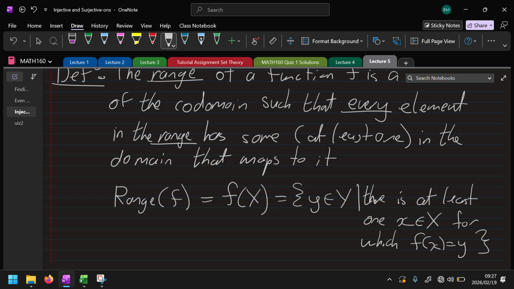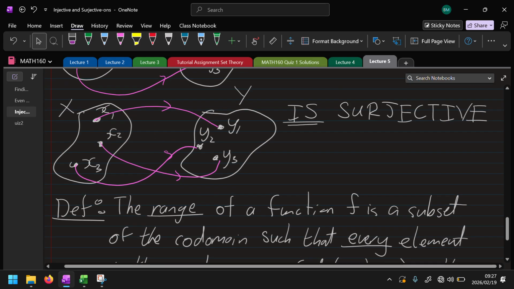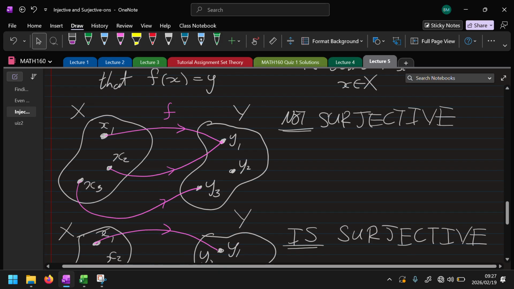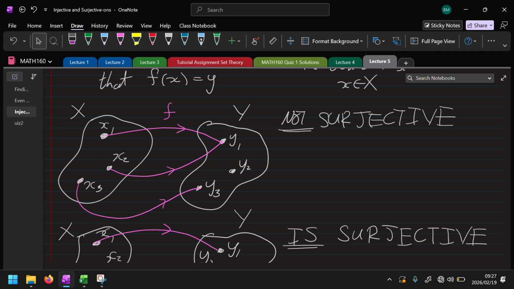So if we go back to our pictures here, we can see when the function will be surjective and when it will be non-surjective. In the first case, we're looking at the range, right? So it's all of the elements y such that there are some elements that map to it. In the first picture, the codomain is y1, y2, y3. What's the range?